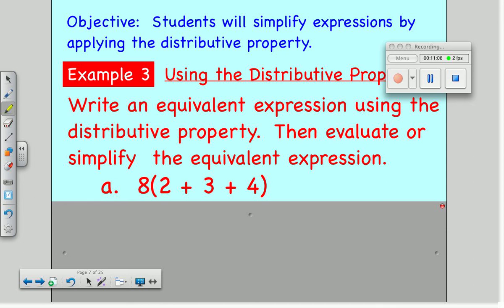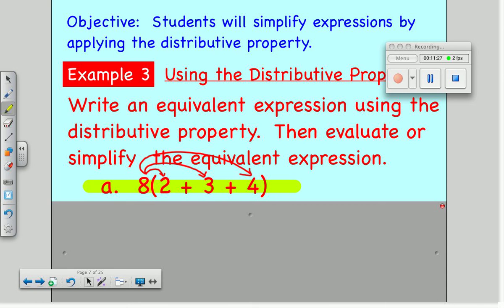Next one, letter A. What if there are more terms in the parentheses? So what if I have 8 times 2 plus 3 plus 4? You're still distributing this 8 to everything in the parentheses all the way over here.